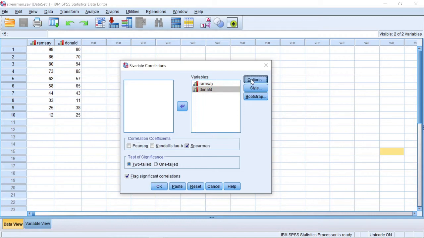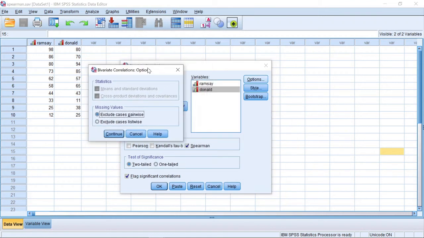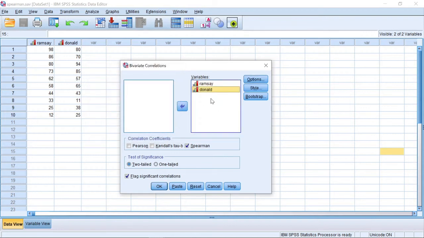Here you see it won't give you mean and standard deviation because these are ordinal data. For ordinal data, by right, we don't calculate mean and standard deviation because it makes less sense. Right. So this is all that you need.